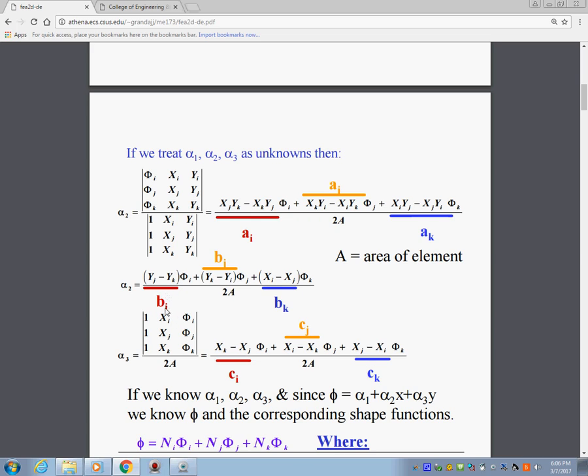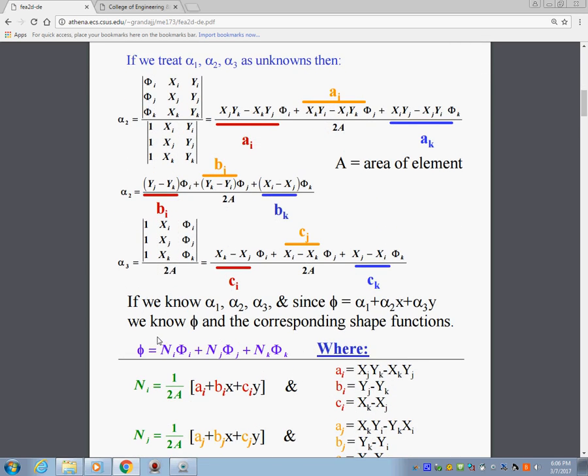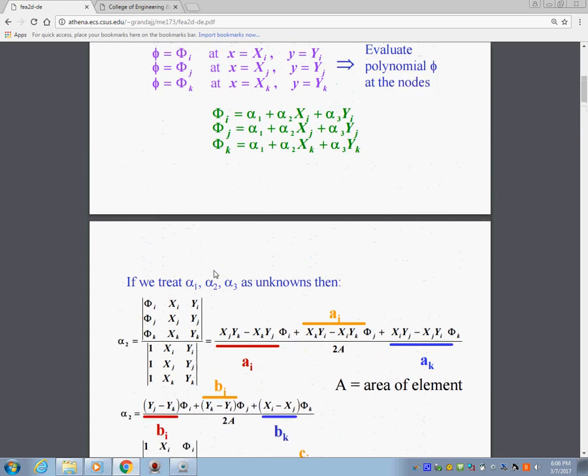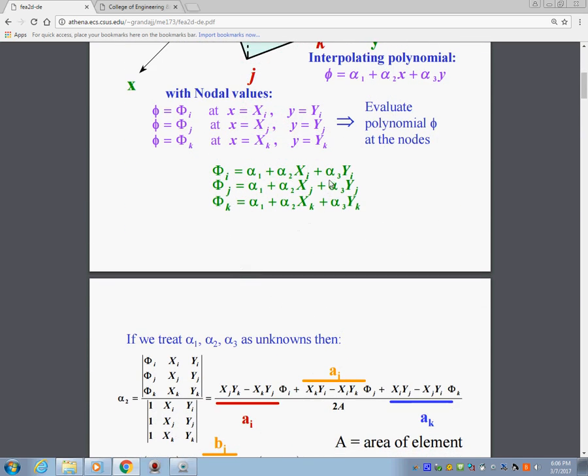And then you will have b times phi sub i, b sub j, phi sub j, and b times phi sub k. And finally, alpha 3, we would replace it, using, on this column, put the constants.